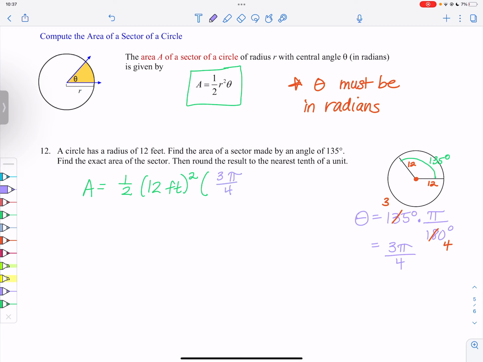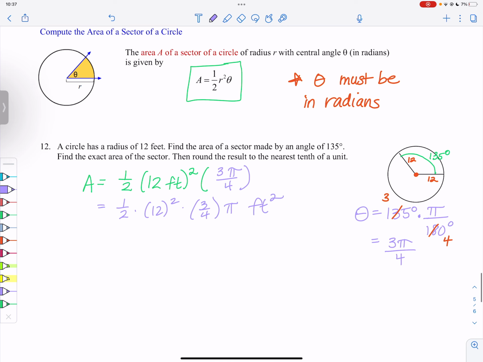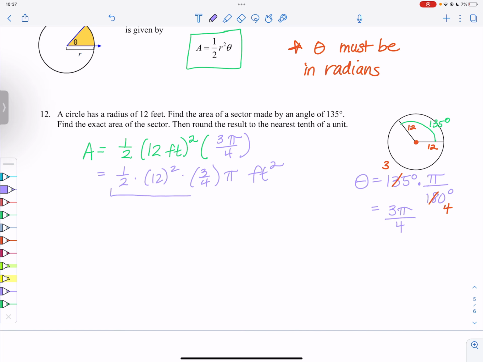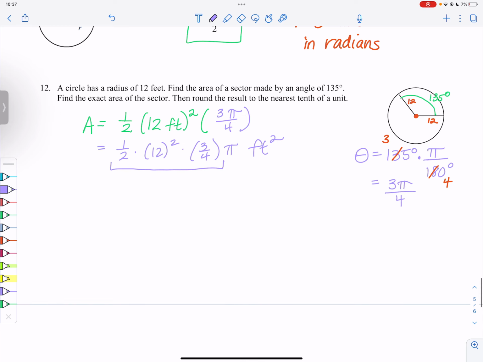3 pi over 4. Now, we have to be careful because we're going to have a 1/2, a 12, and a 3/4. And that 12 has to be squared. So why don't I write that out? We have 1/2 times 12 squared times 3/4 times pi, and all of that is going to be theta squared. So this is what you'll be doing in your calculator. And so I hope that that helps.